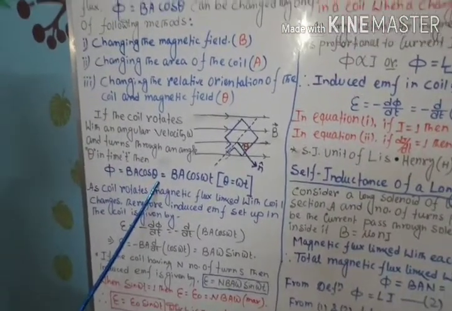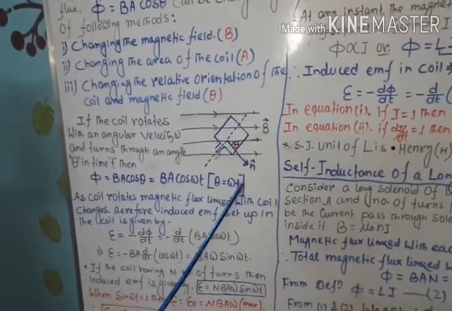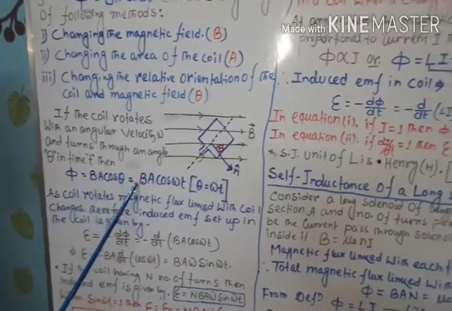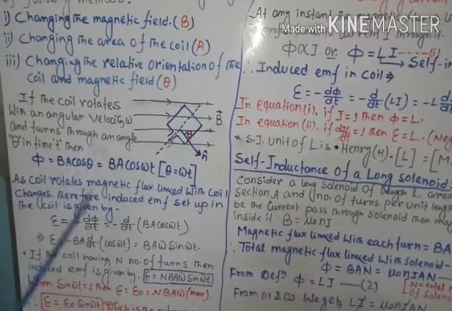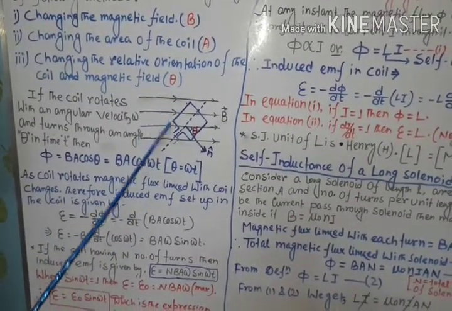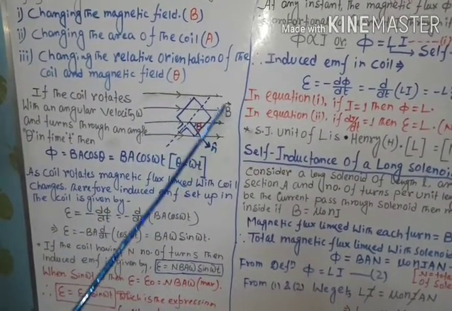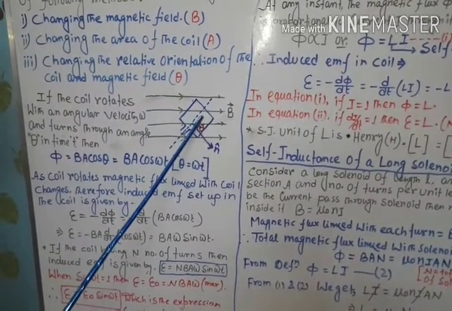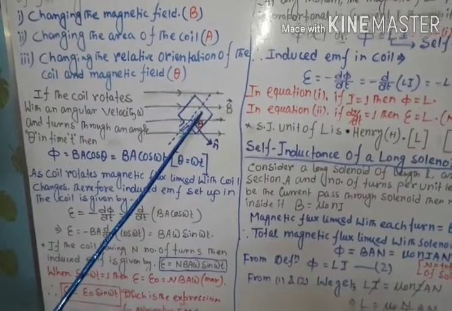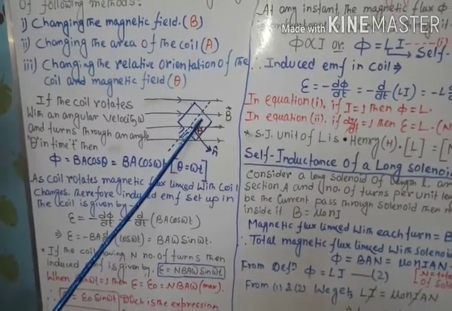And for the angular motion we know theta equal omega t. So phi equal BA cos omega t. Clear? Now as the coil is rotated in the magnetic field, the magnetic flux linked with the coil also changes, meaning in that coil there will be some induced EMF.